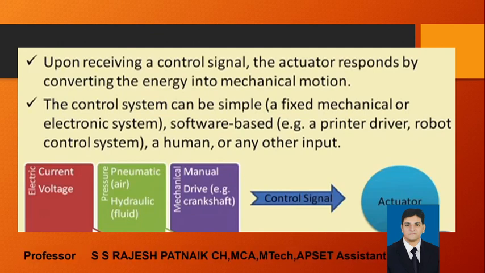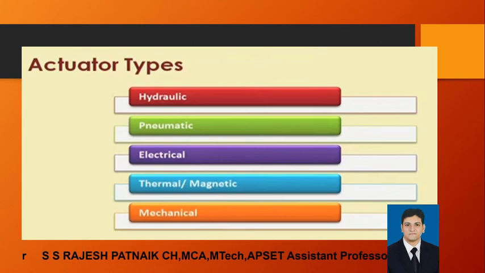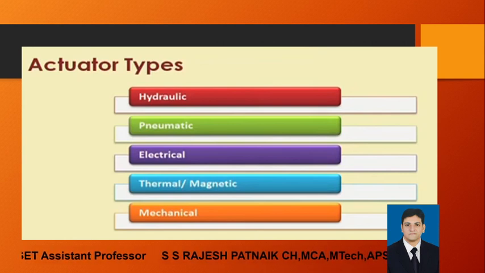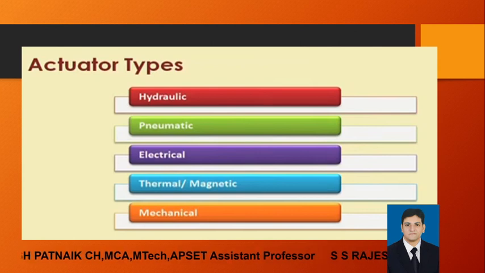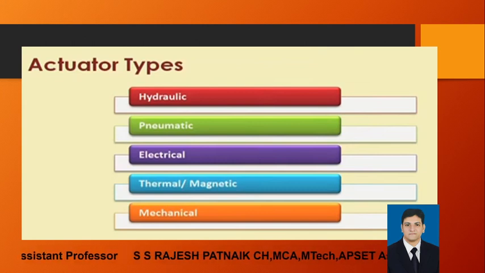Okay, so in the next slide we are going to understand there are various types of actuators. Okay, actuator types. Let us discuss broadly regarding actuator types. The actuator types are hydraulic actuators, based on different types of fluids, which are generally used by various organizations, industries, or chemical factories.